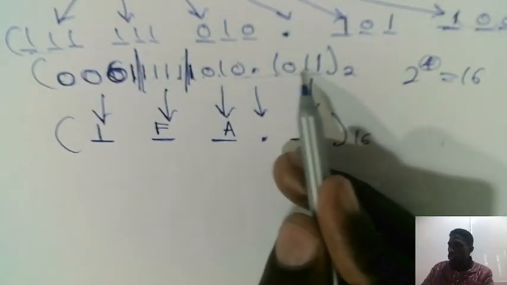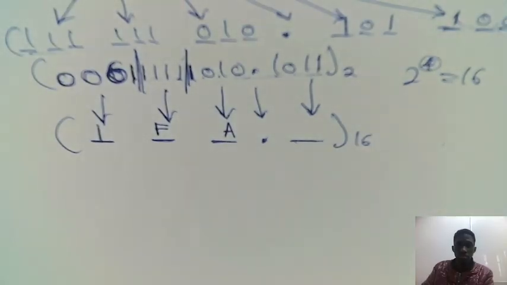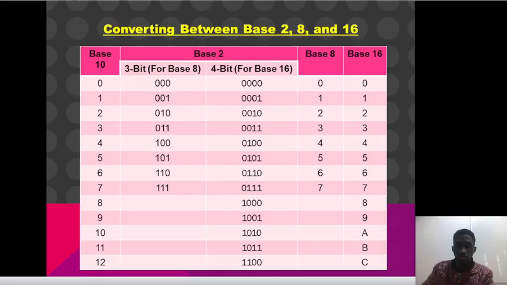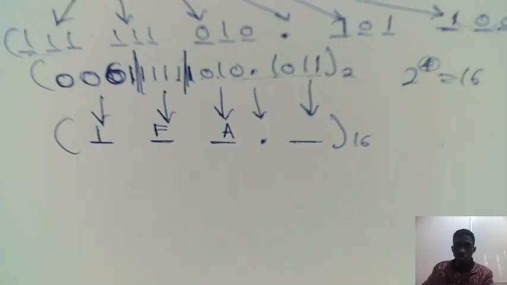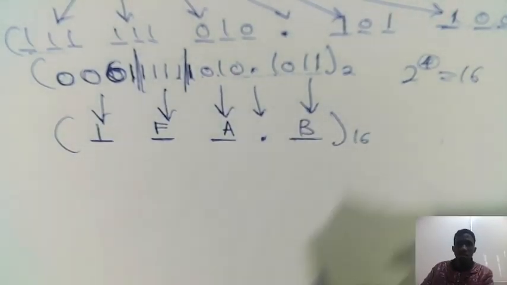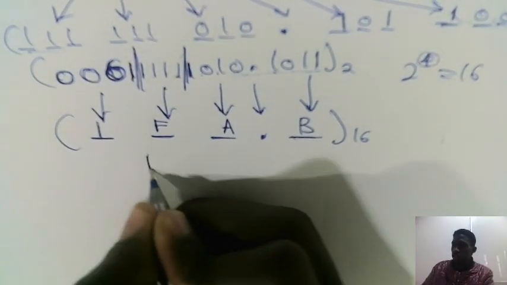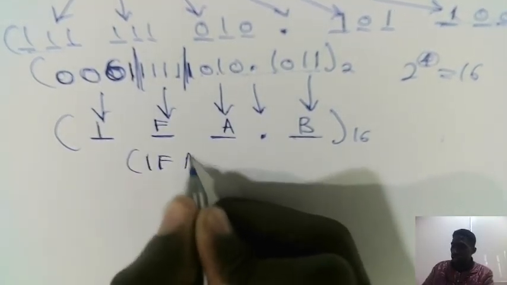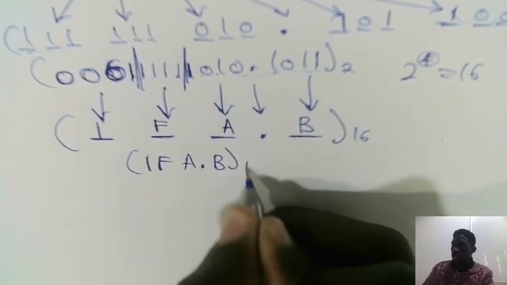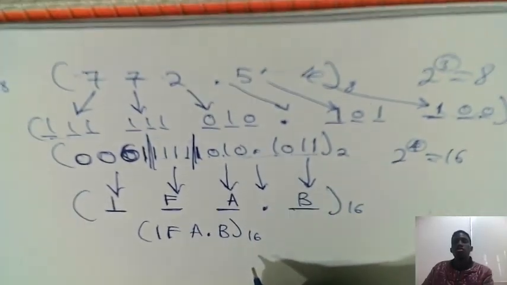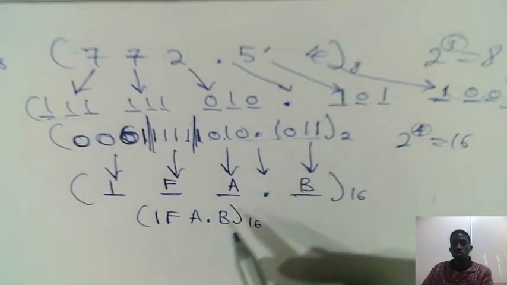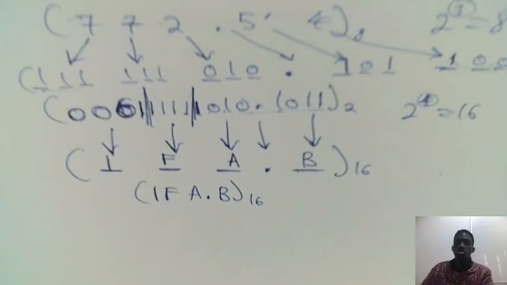Then we have 1011, which corresponds to B in base 16. And that gives us a final answer of 1FA.B in base 16. And we've converted from base 8 to base 16 by passing through base 2.